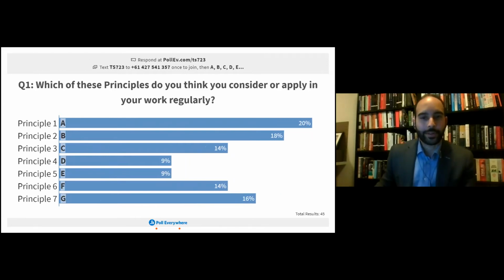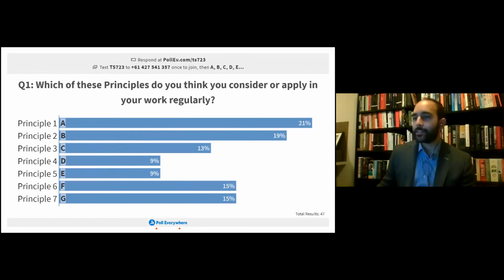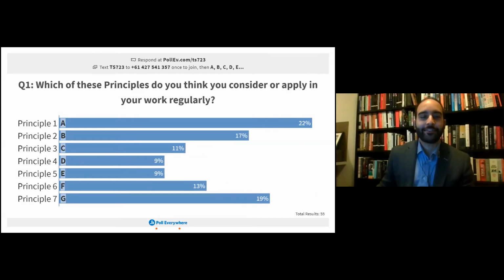Okay, that's great. We're getting some results. You can obviously choose multiple principles. And as I'm doing this, I realize I should probably have named them there. I'm relying on your memories. But principle 1 is involve stakeholders. 2 is understand what changes. 3 is valuing what matters. 4 is about including what's material. 5 is about not overclaiming.